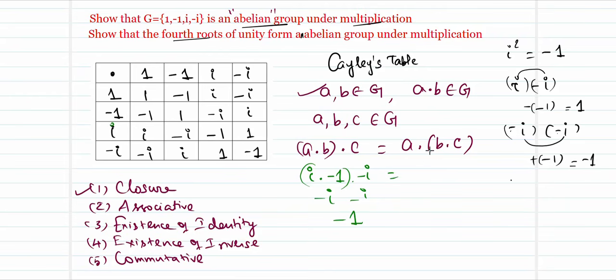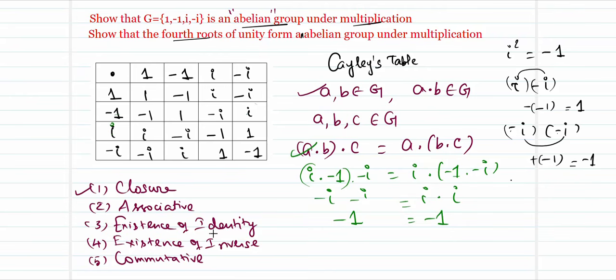Moving to the right hand side, A into (B into C), which is i into (minus 1 into minus i). Minus 1 into minus i is going to be i. So next step, it becomes i into i, and i into i makes it minus 1. So I know that the associative law is also true.